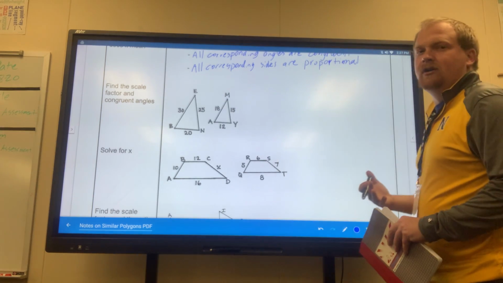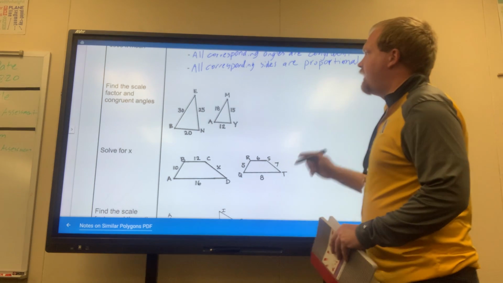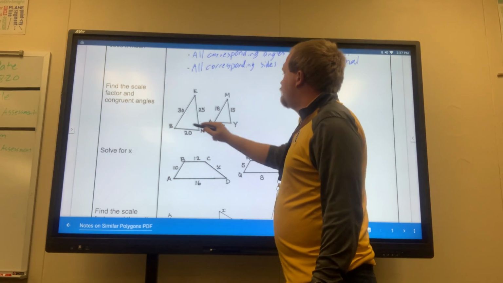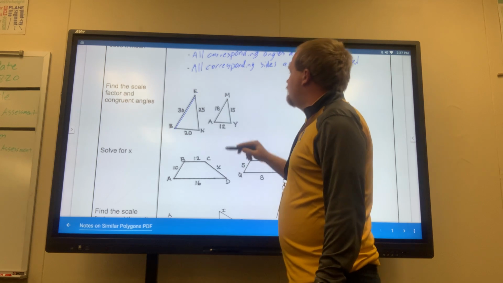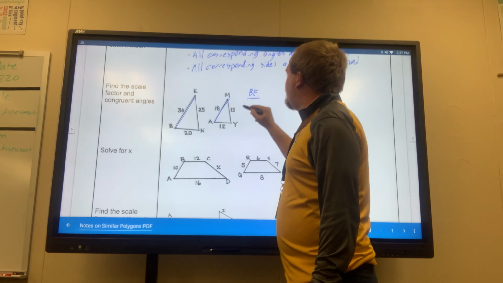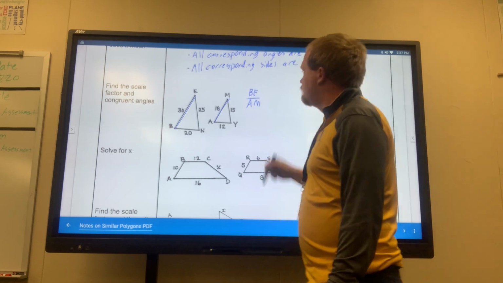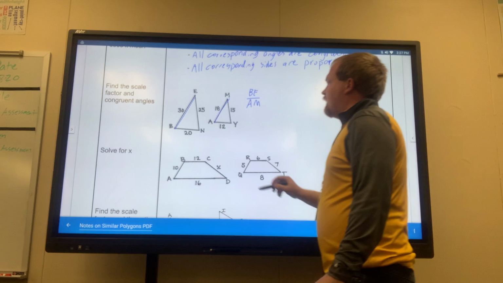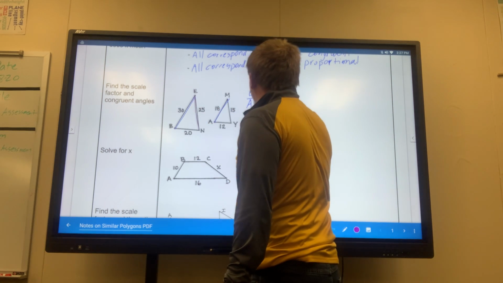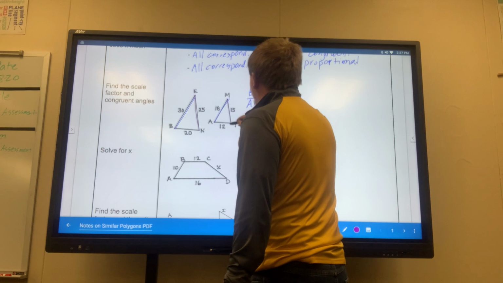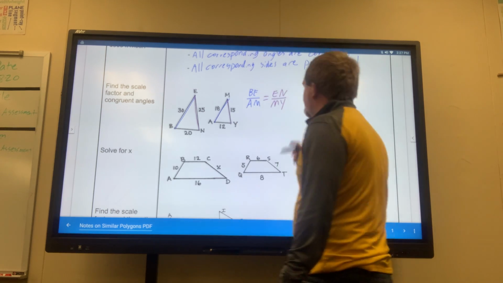So remember, I know that each corresponding side, so if I'm doing BE, that's going to correspond with AM. Okay? Now, if I do EN, that's going to correspond with MY.